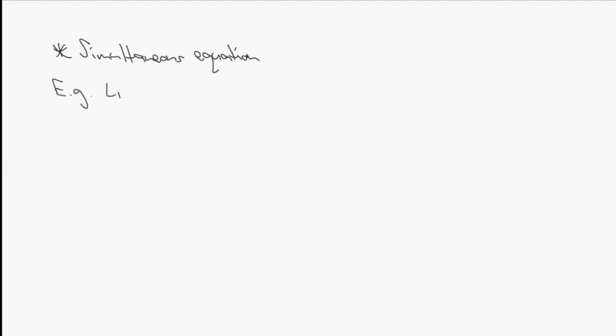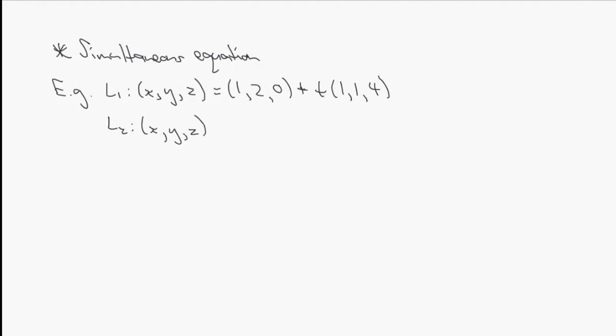L1, let's say (1, 2, 0) plus t(1, 1, 4). And L2 can be (2, 6, 1) plus s(3, 2, 13).